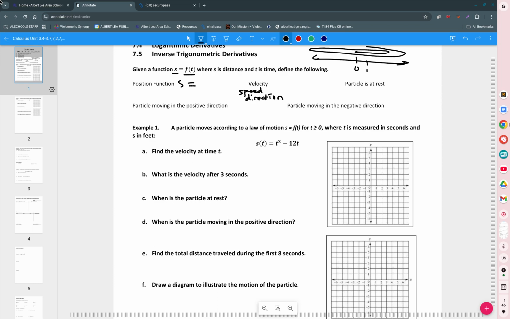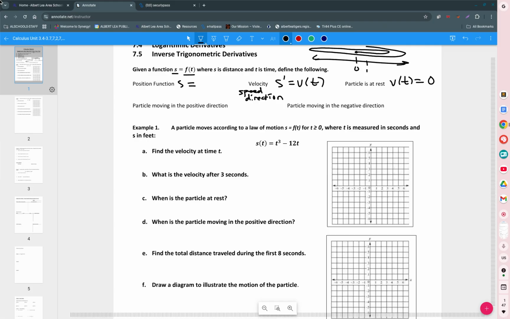How do we determine the rate of change of position? Simple. We take the derivative. The derivative of the position function produces the velocity function. Do you know how to take derivatives now? Good. The particle is at rest when v of t is equal to 0.